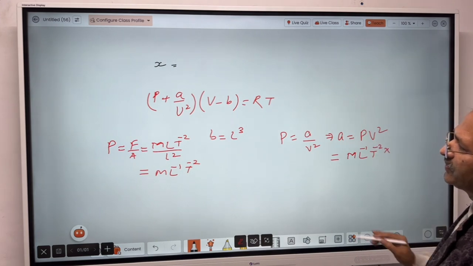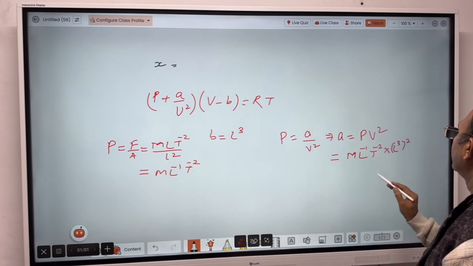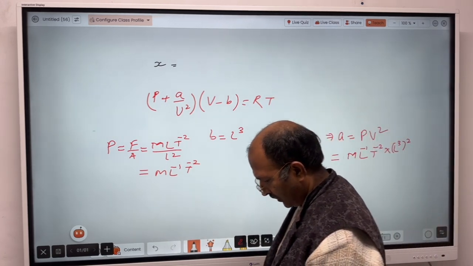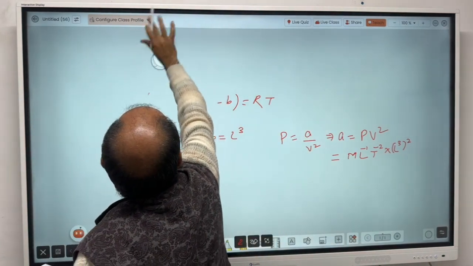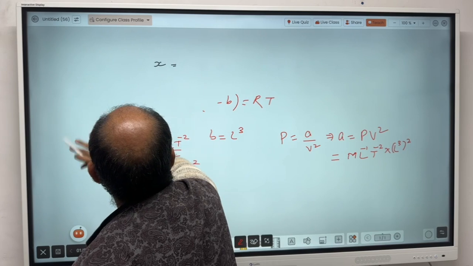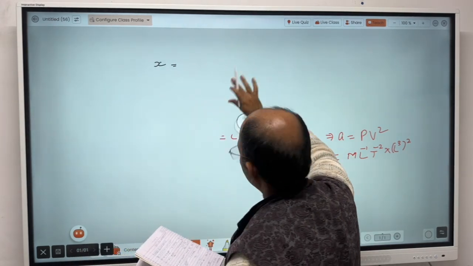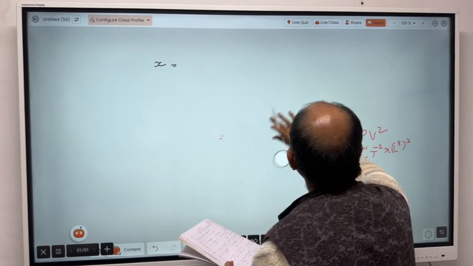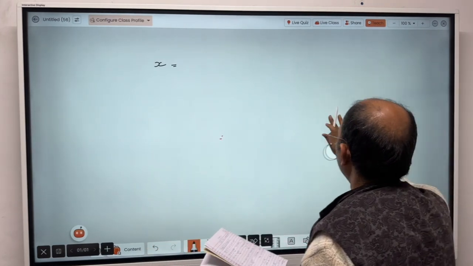If you remember, volume has dimension L cube, so we write L cube and square of it, and then we can simplify to get the answer. Now let's proceed. We are going to take some other questions. I think you have understood how to apply this principle.